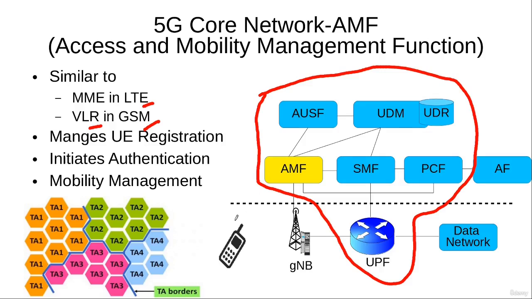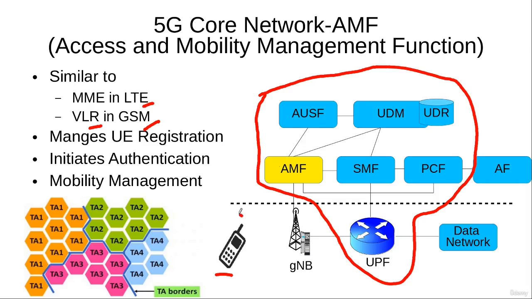Whether a mobile user equipment is in a call or it is in the idle mode, in both cases, the network function with which the user equipment directly communicates via gNB is the AMF, or the access and mobility management function.